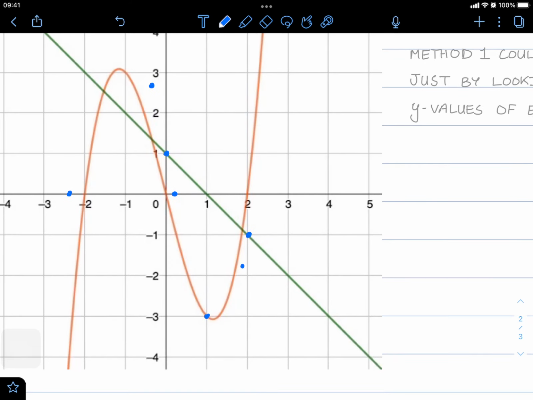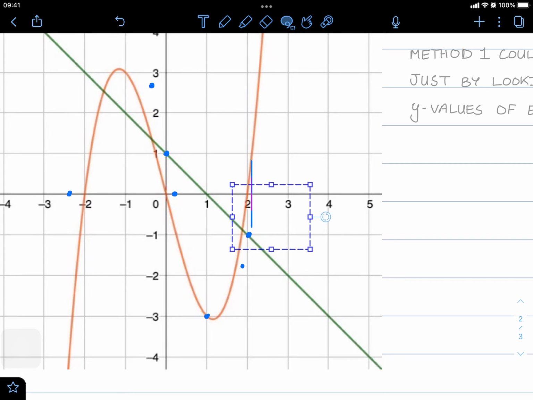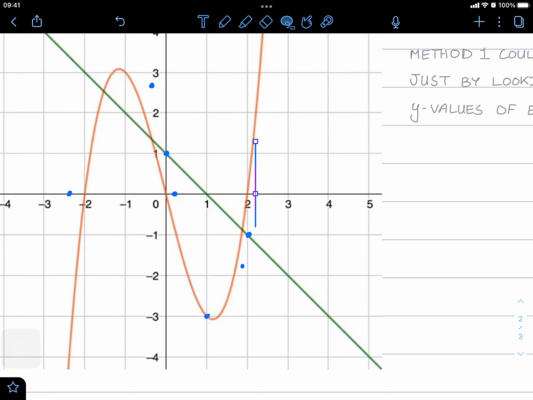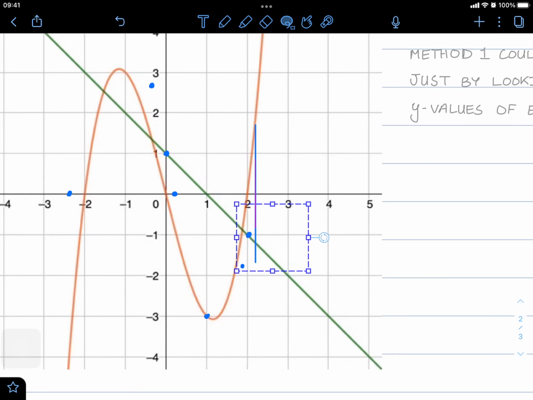And the last point that I've seen is 2.12. So 2.1 is about here. If I were to take that height and duplicate it, not quite, it's 2.1. Let's go a little bit further here. Let's take that height and move it into the negative. Not quite there.